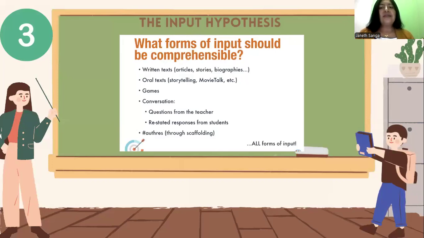So everything that we need to apply in our class, okay? These are examples of the input activities that we need to apply in class to help the students acquire a language.